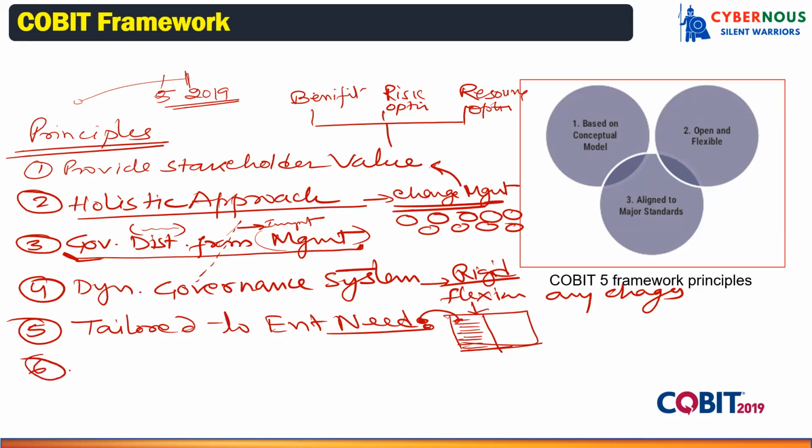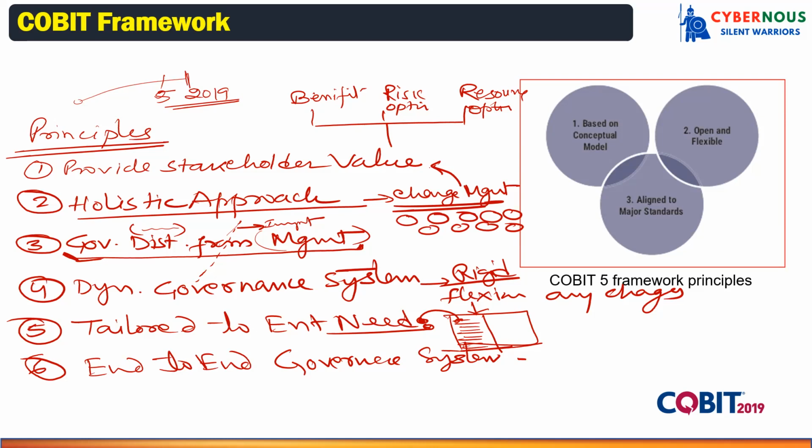And the last principle here is end-to-end governance system. You have to think end-to-end. Nothing should be incomplete. When you are implementing configuration management, take a holistic picture and implement it end-to-end.